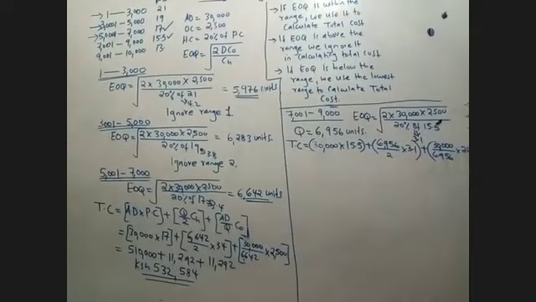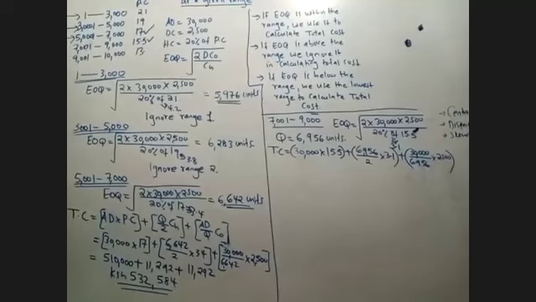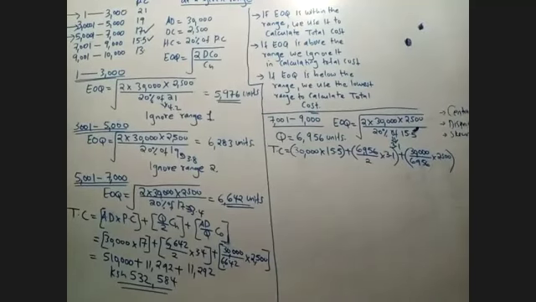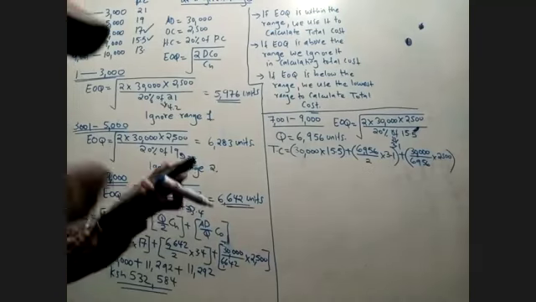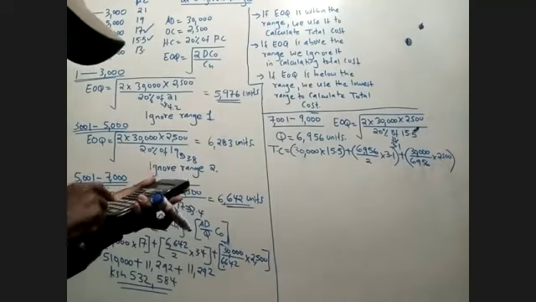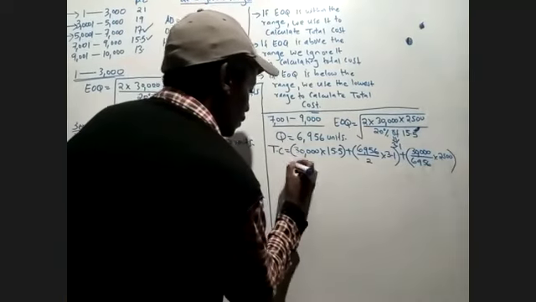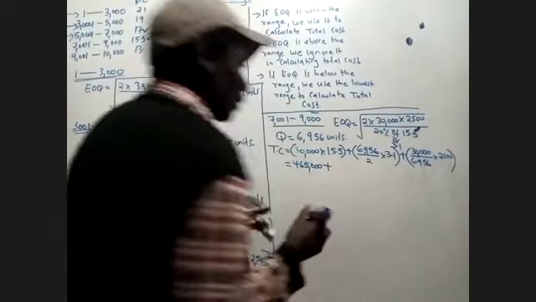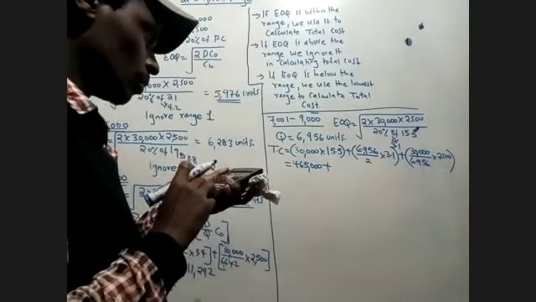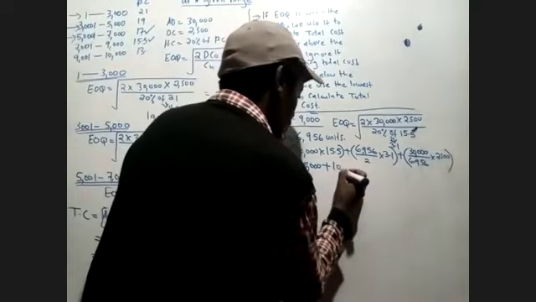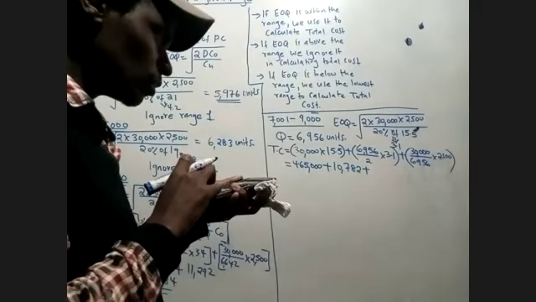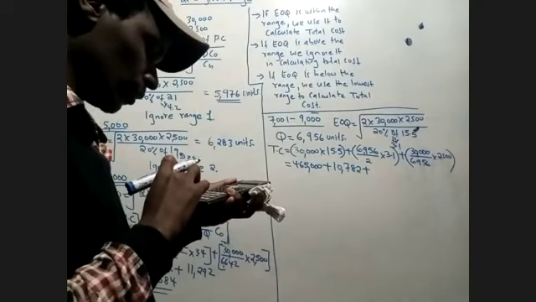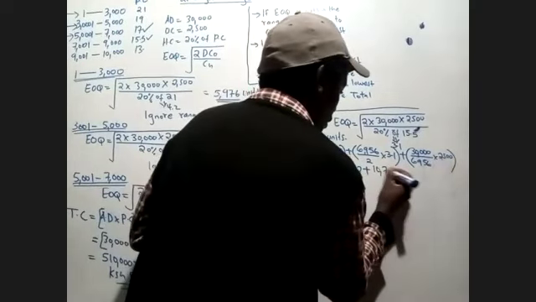So what does that give? Let's start with 30,000 times 15.5, which is 465,000. Then 6,956 divided by 2 times 3.1 is 10,782. Then lastly 30,000 divided by 6,956 times 2,500 is also 10,782.